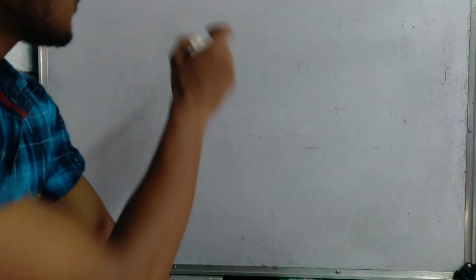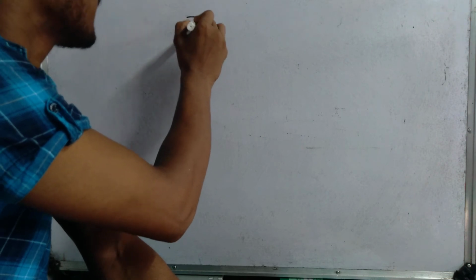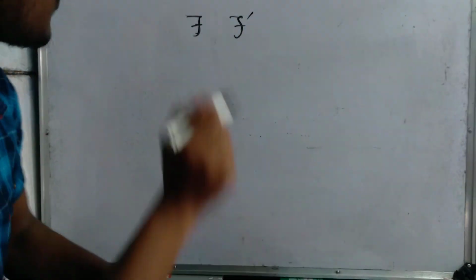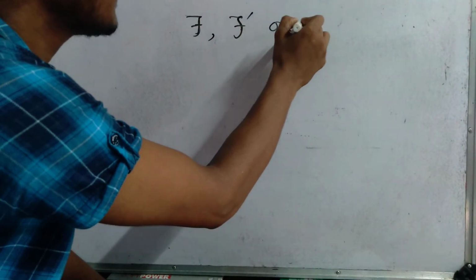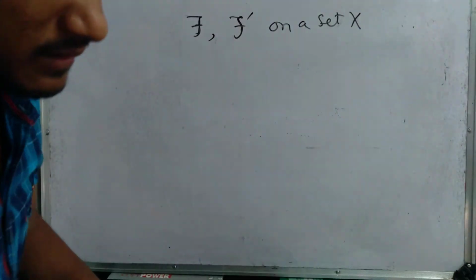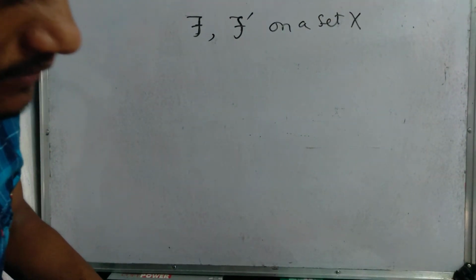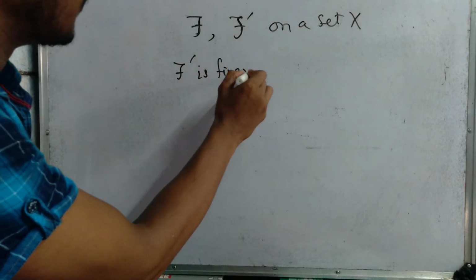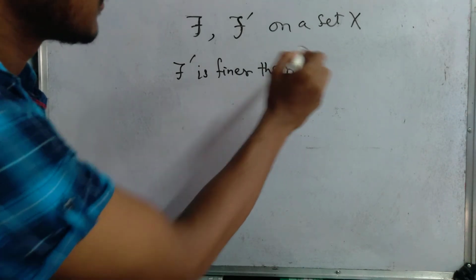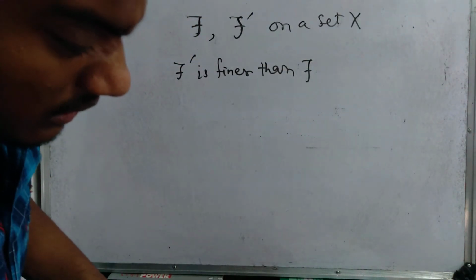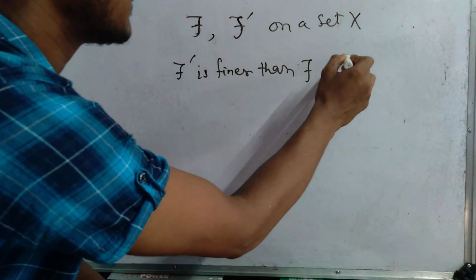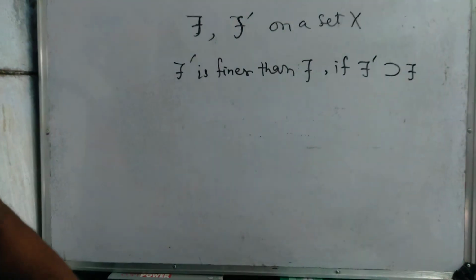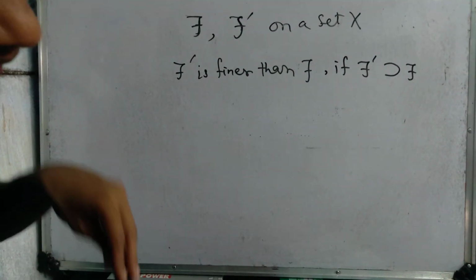Now we consider two topologies, tau and tau dash, on a set X. Tau dash is finer than tau if tau dash properly contains tau.